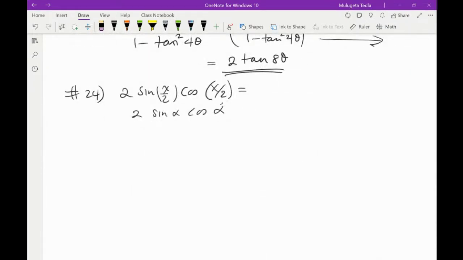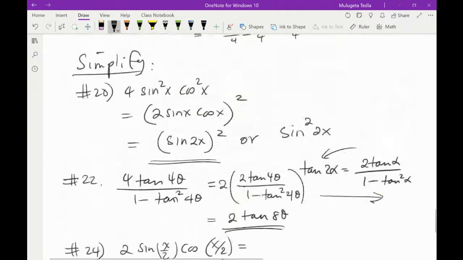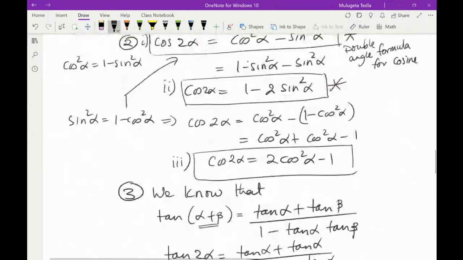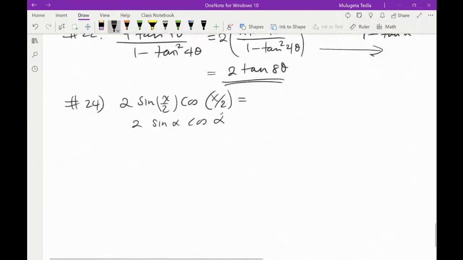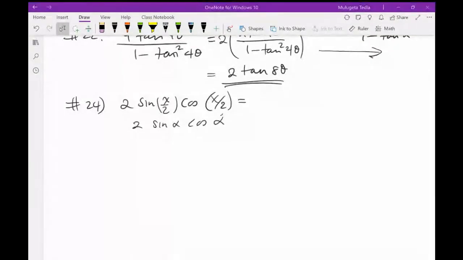It's not complicated. So my alpha is x over 2. So I'm going to double the angle, right, on the left. So who can tell me what it is? 2 sine x over 2 cos x over 2 is equal to what?